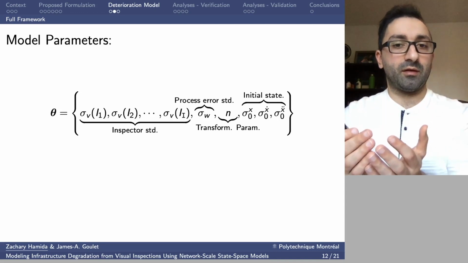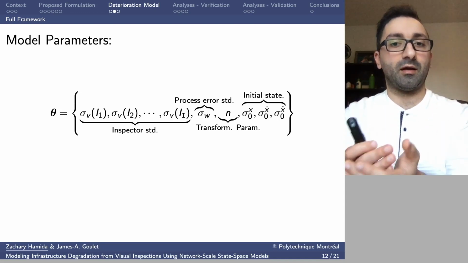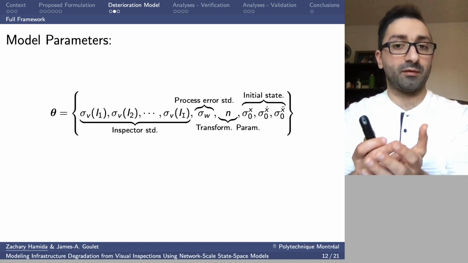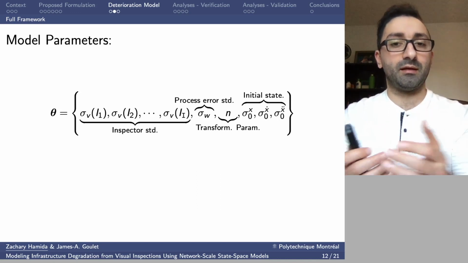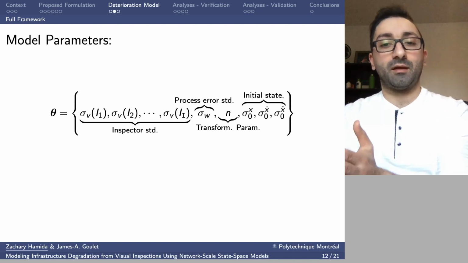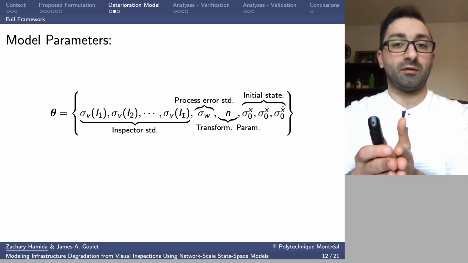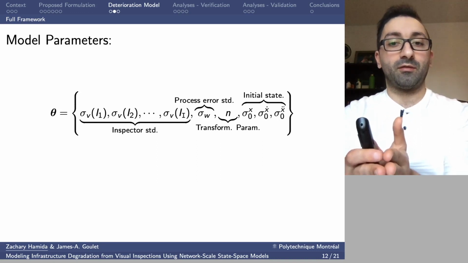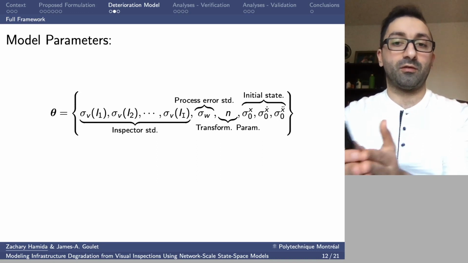The details of the transformation function and how this parameter affects it are detailed in the paper itself. And we have the initial state, where we parameterize the variances or the standard deviations of the initial state.